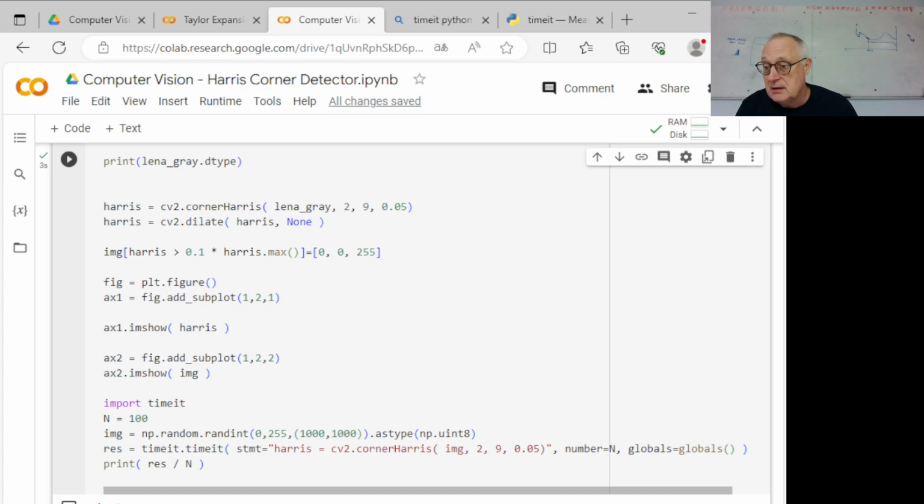So that would be 50 times per second. That we could count.